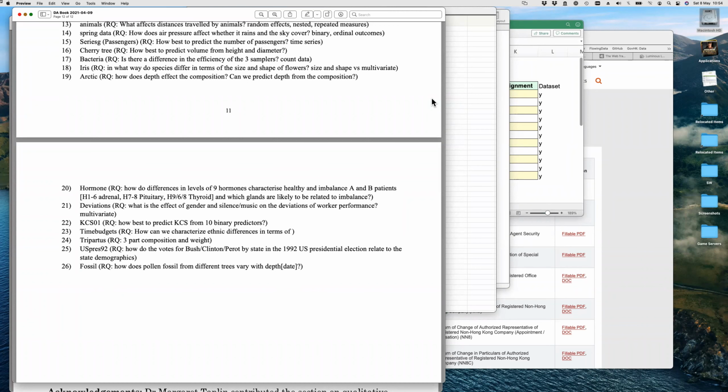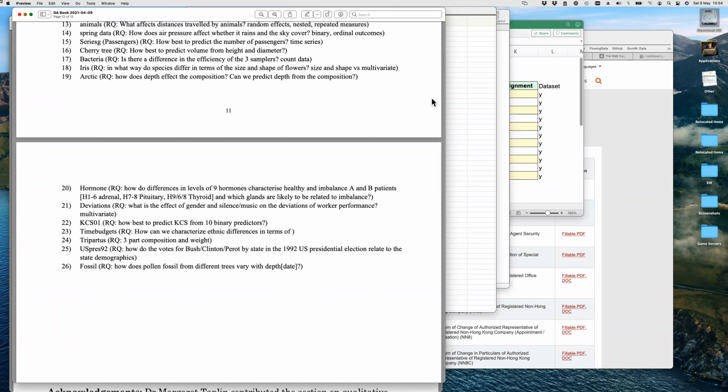Okay, so the next data set I want to look at is the one called Arctic. This illustrates a different element, which is not typically addressed in statistical packages, at least only in a limited way.